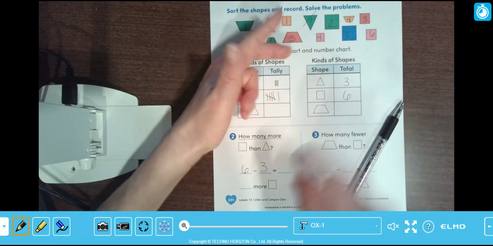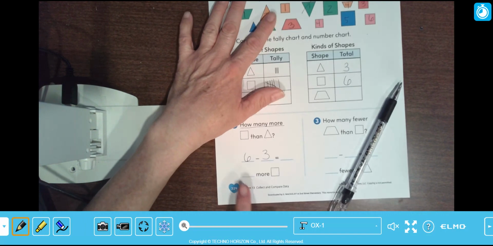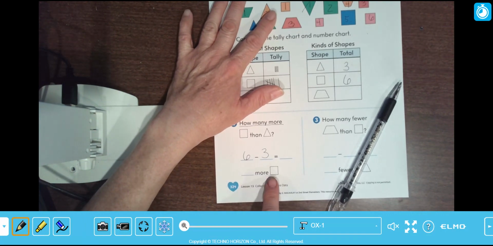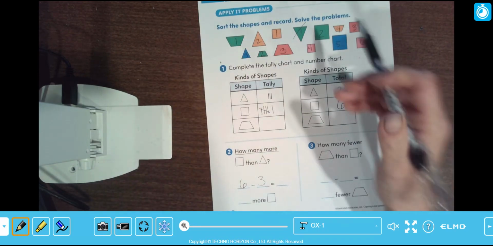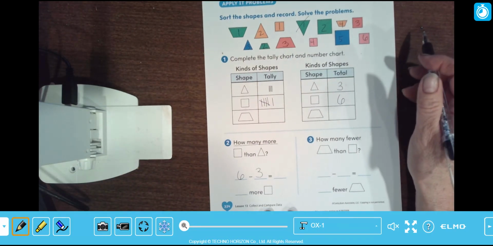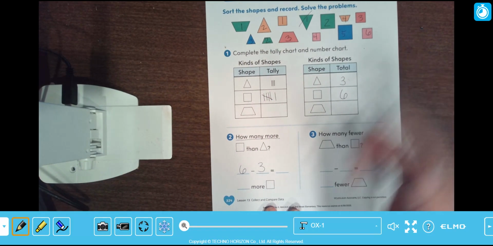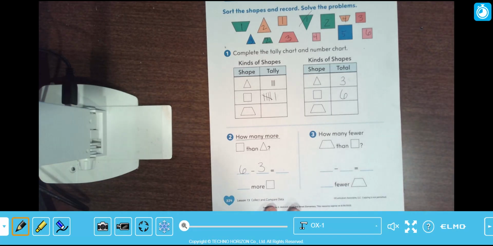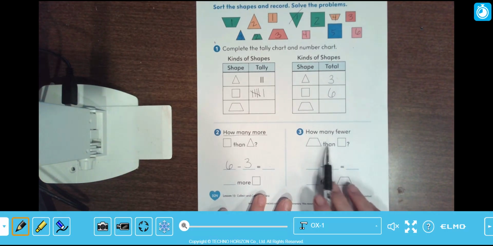And this is your answer. Write it here. And you also write it here. 3 more squares. And you can see there's 3 more squares. So it would go here and here. 3 here, 3 there.